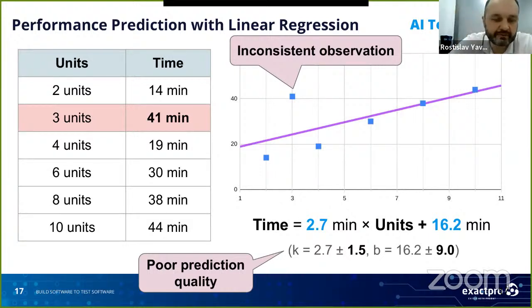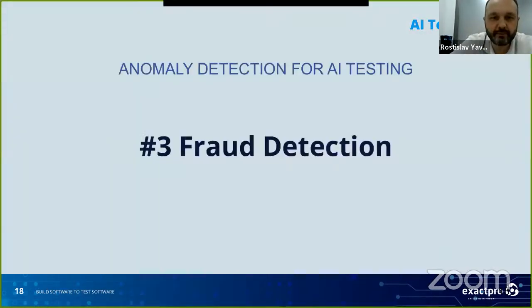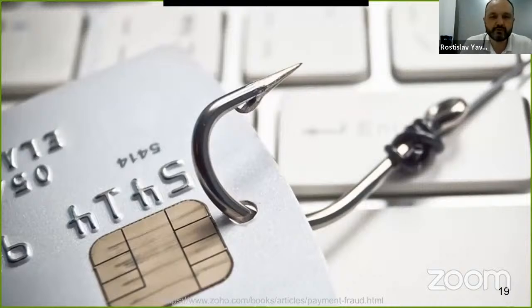And this example and the previous one were about negative examples of outliers. But as I mentioned, there are quite positive examples. And let us go to the third section, which is called fraud detection. I like this picture because it very clearly explains what's going on.